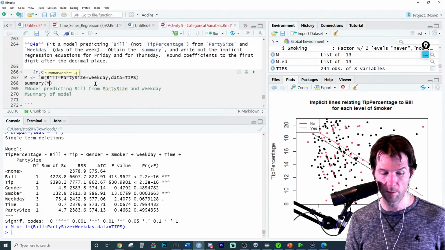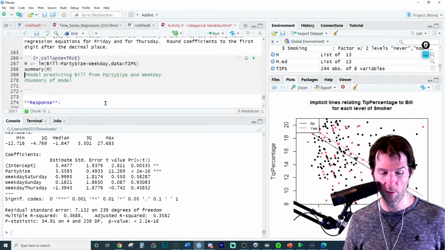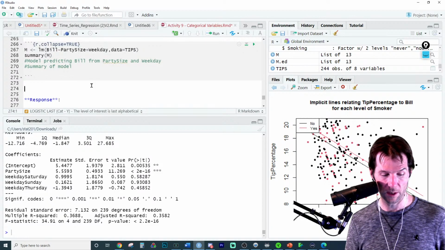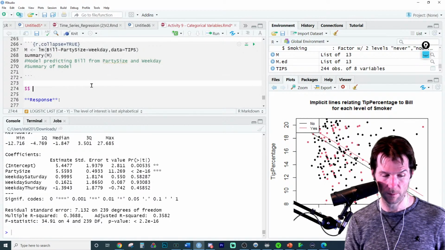So when we write the implicit equations, remember once again how we do it. We always start by writing the full equation.